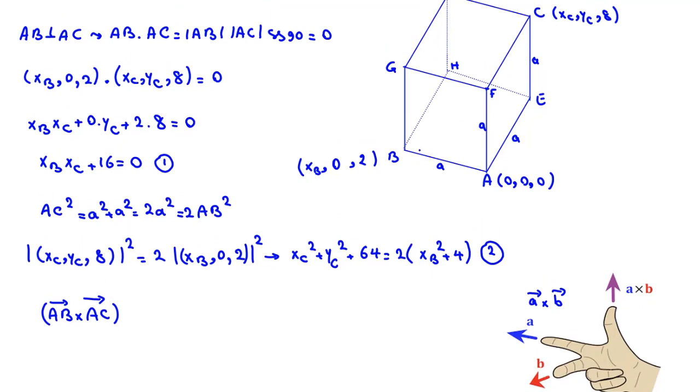Now we know that AB, AC, their cross product is perpendicular to the plane ABCD.